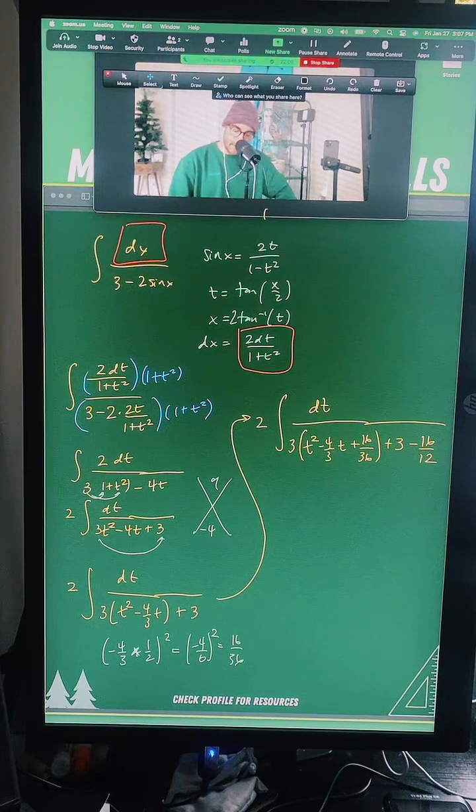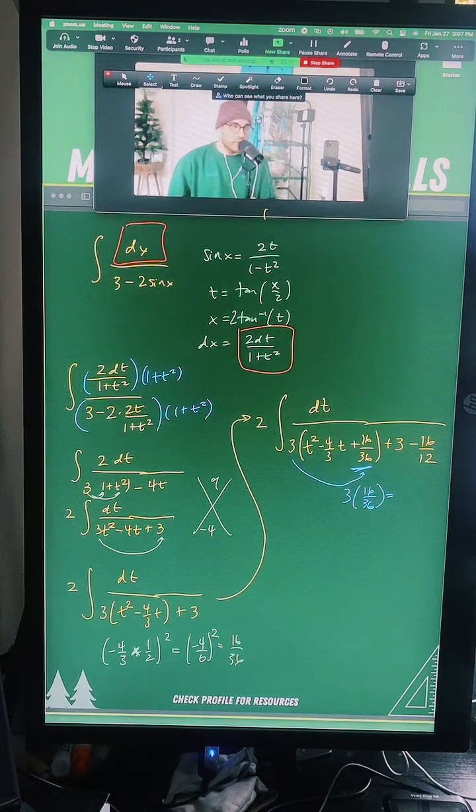The reason being is because we didn't really introduce a 16/36. We really introduced a 3 times 16/36, which is 16/12. Okay, that's the reason why. Partial fractions wouldn't have worked here, unfortunately, Anime Lover. I'm sorry, I said Animal Lover.